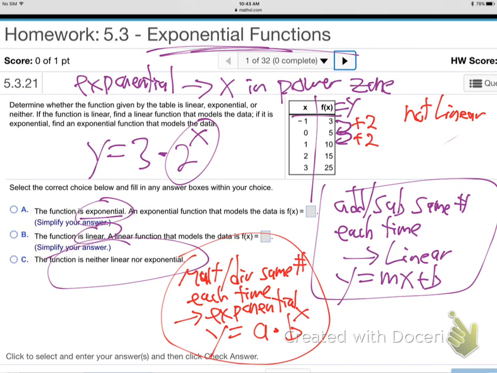So this is not linear. But is it multiplying the same number? Like 5 times 2 is 10, times 2 again would not be 15. So it's not exponential either. So this one's neither. It's not adding the same number every time, and it's not multiplying by the same number. It's just something else, something weird. But it's not linear, not exponential.